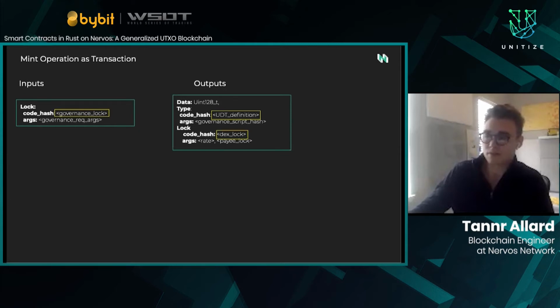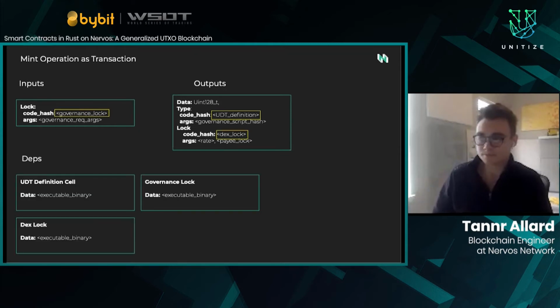And that indicates to us that we need 3 different dependencies, right? We need the DEX lock, the governance lock, and the verification code for the tokens themselves. Now, the governance lock can be anything, and in our simple example, we'll probably just use the default lock script that people have, which is just secp256k1 signature verification.